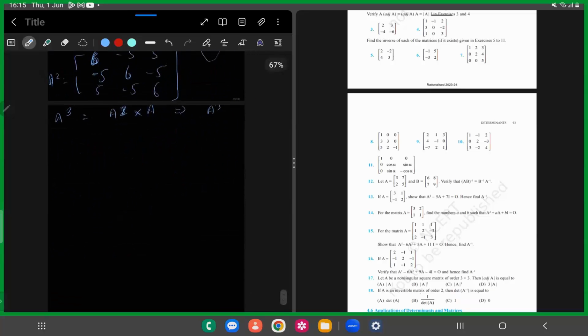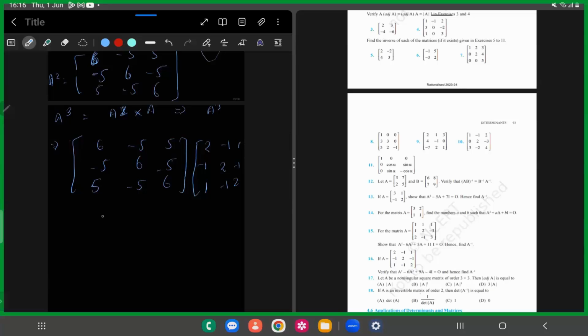So if we calculate A cube, then it would be 6, minus 5, 5, minus 5, 6, minus 5, this would be 5, minus 5 and 6, and we'll multiply with the A matrix, 2, minus 1, 1, minus 1, 2, minus 1, and this would be 1, minus 1 and 2.